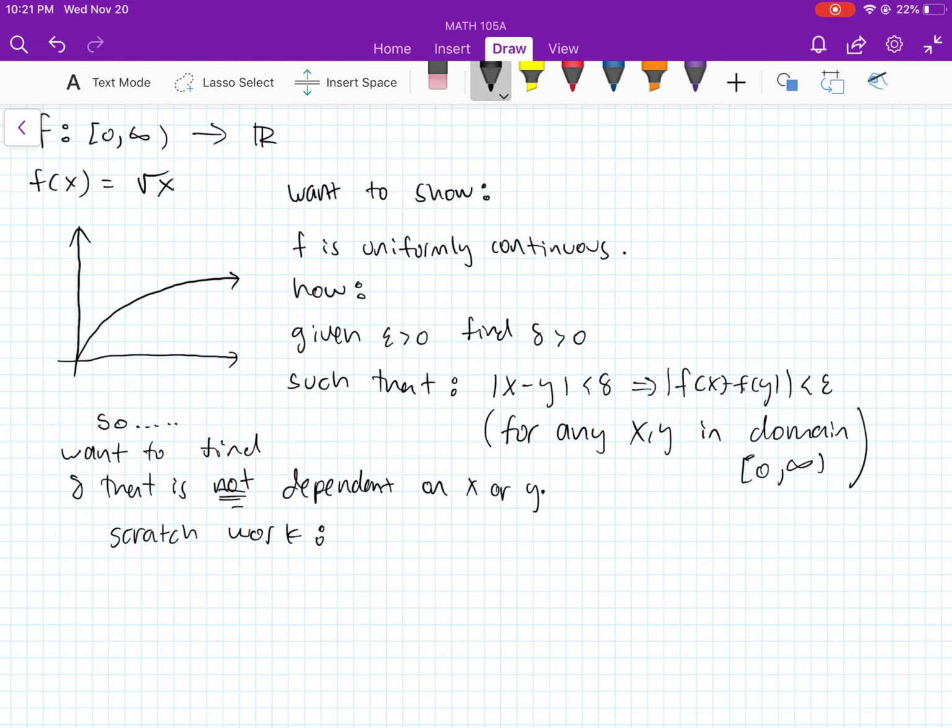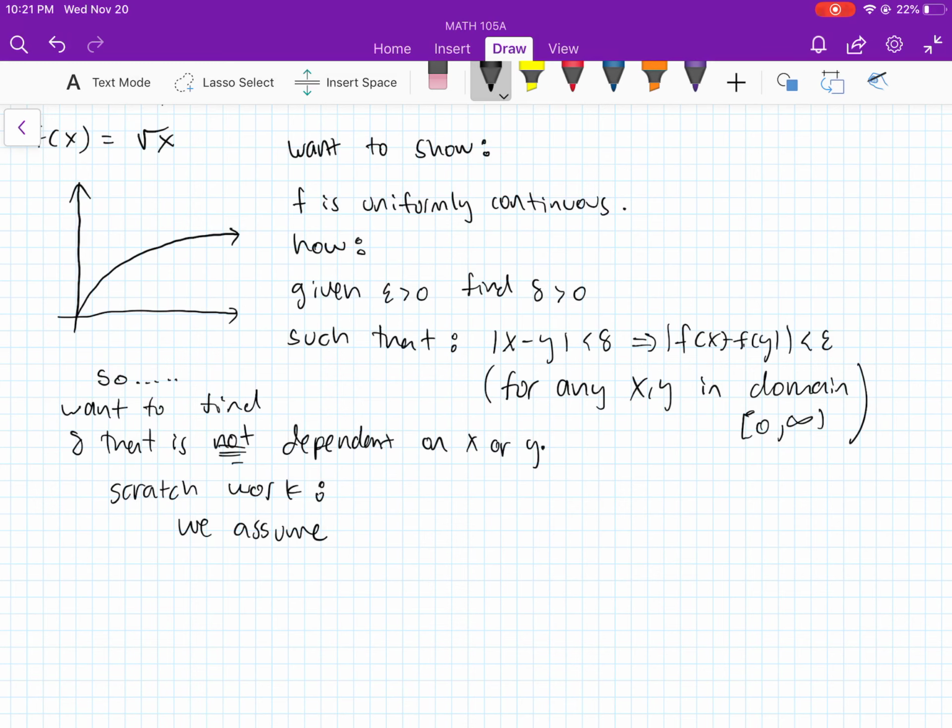So usually with these kinds of proofs, like we've seen, she just kind of jumps into the trick, which for these you just have to be kind of sneaky or clever and try to find essentially a clever delta that gets you to where you want, and that's where the scratch work comes in.